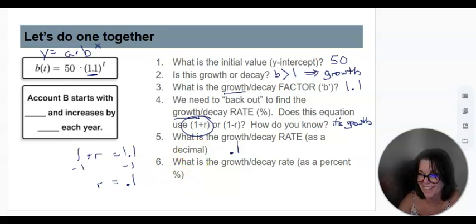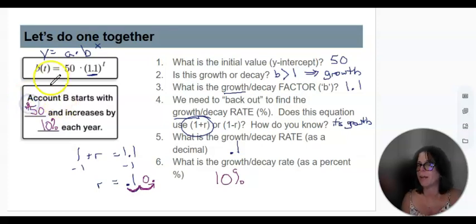Take a minute, figure it out, come on back. All right, 0.1, move the decimal 2 places to the right, and we get 10% growth rate. So when we look at the problem, account B starts with $50 and increases by 10% each year. You see how you can translate the equation into an actual real-world problem.